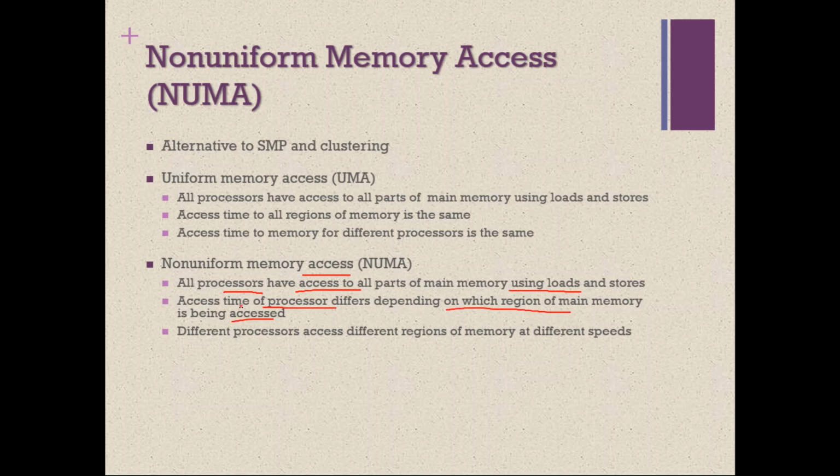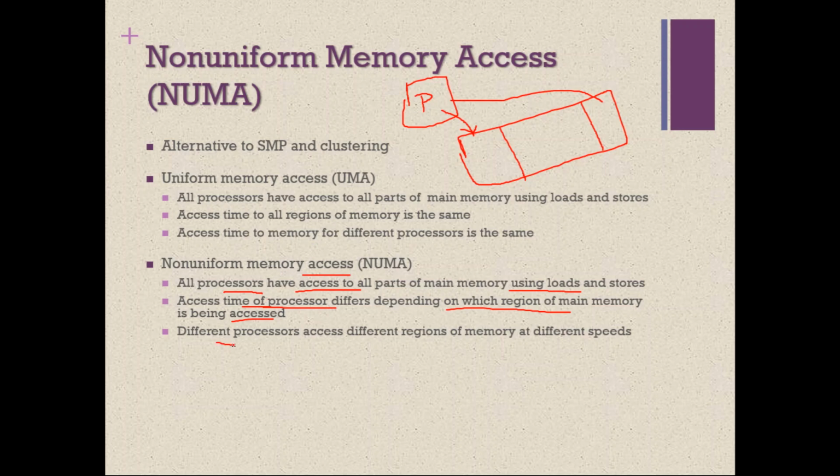This is with respect to a single processor. For a particular processor P1, for example, if the memory is placed something like this, the processor may be able to access this portion of memory relatively quickly rather than this portion. So depending on the region of the memory, the access time of the processor will vary.